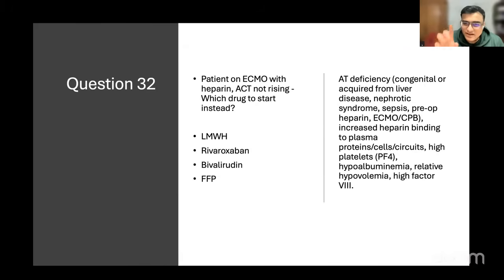Either give antithrombin 3, which can be given in the form of FFP also, but if you don't have that option available, then the best option is to change the drug. Usually we go for bivalirudin or argatroban. So bivalirudin here was one of the options, and if it was, then bivalirudin is the correct answer there.